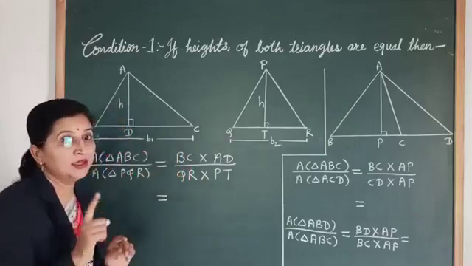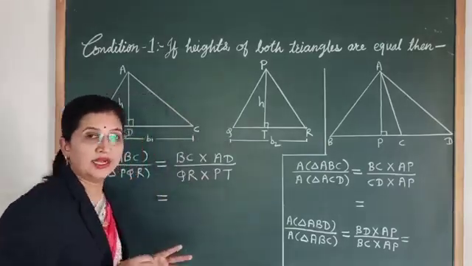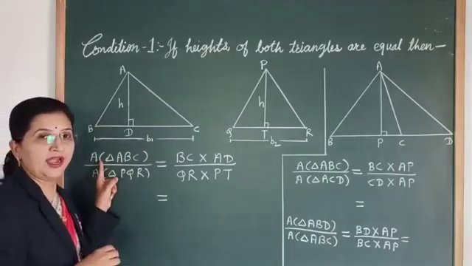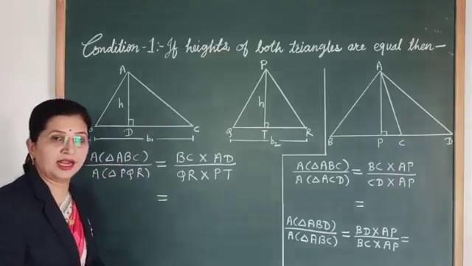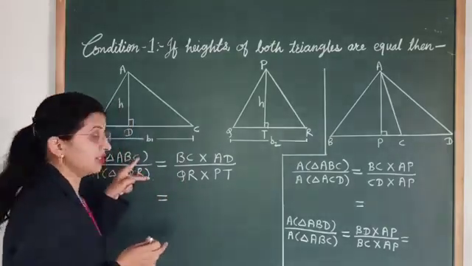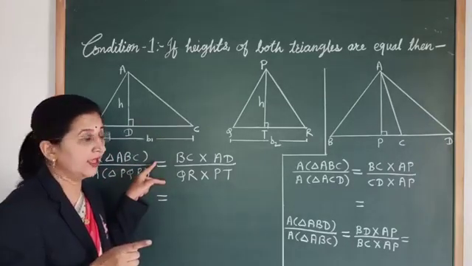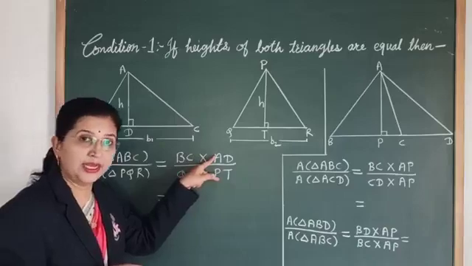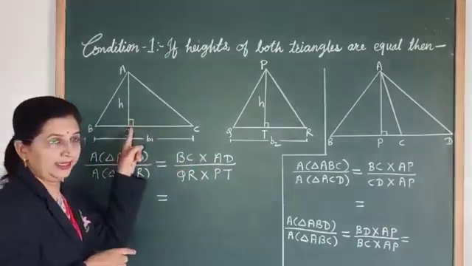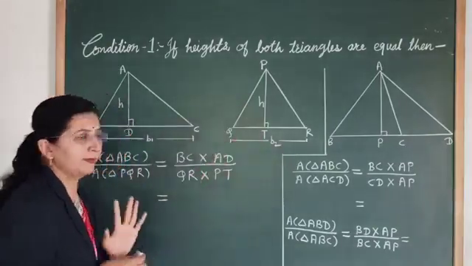Okay, so for both the triangles we have considered the equal height. Okay, now let's write down the ratio of their areas. So area of triangle ABC upon area of triangle PQR is equal to, as we know that the ratio of areas of two triangles is equal to the ratio of product of their bases and corresponding height. Base BC into height AD upon base QR height PT.